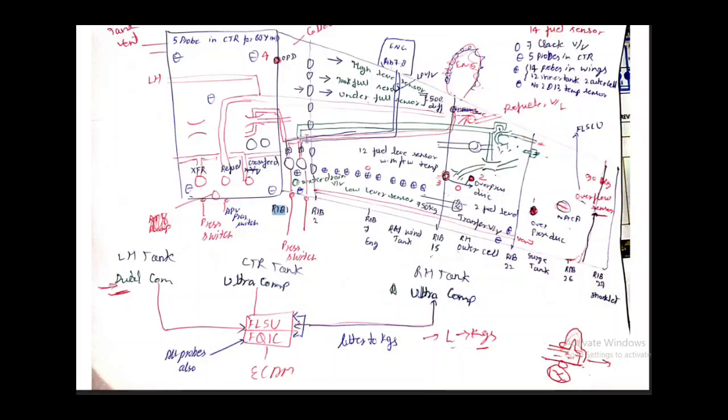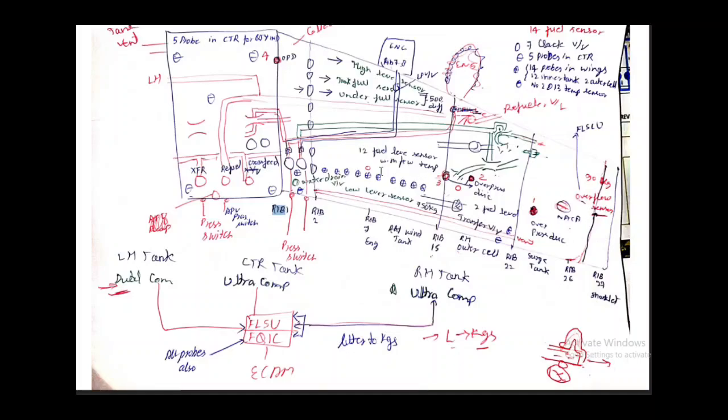And here also, if you see, there are a lot of fuel level sensors with temperature sensors. There is a total of 14 probes in the wing, for fuel level sensing and giving indication on the ECAM. I have just drawn them like this: 1, 2, 3, 4, 5, 6, total 12, total 14 probes on the wing.